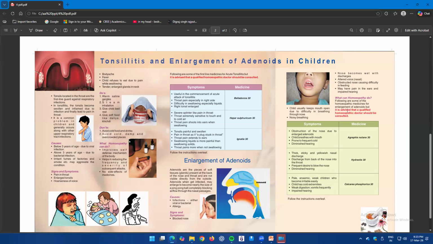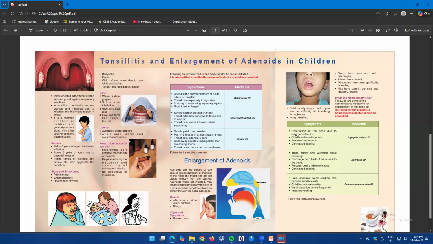We first form the portrait of the disease, take his physical generals, his mental generals with will, emotion and intellect, then his thermals, then take a proper clinical totality and give the medicines. And the medicine will act like a miracle.